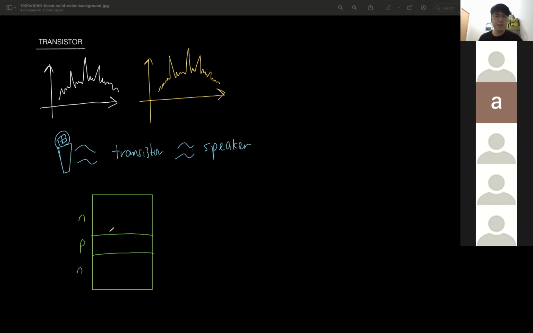Now, a transistor is made of 3 semiconductors. We have this one on top. We call it the collector. The collector, in this case, is the N type. It has a lot of free electrons, and the collector is moderately doped.